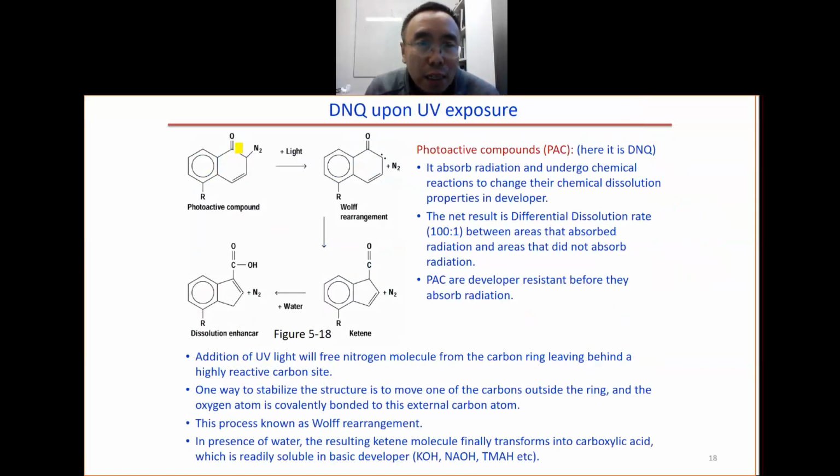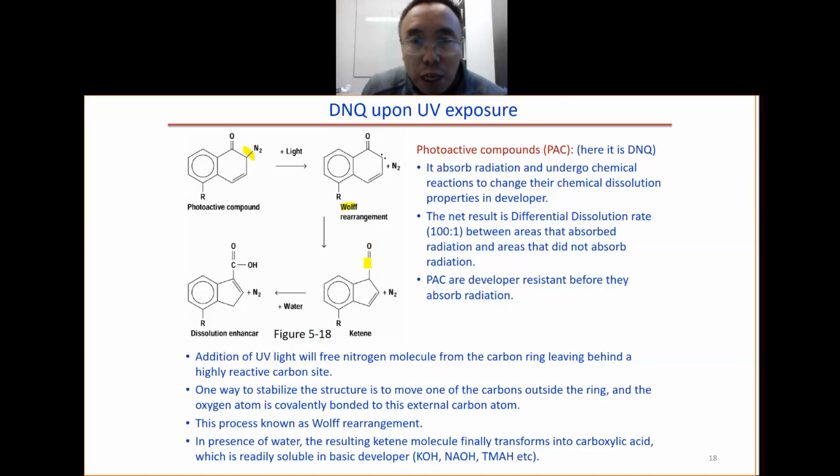This bond will get broken. They leave behind two unpaired electrons. So this structure is not stable. So they will be rearranged. This is called a Wolff rearrangement. So here the carbon from here will come up. The carbon from here will come out to form this structure.